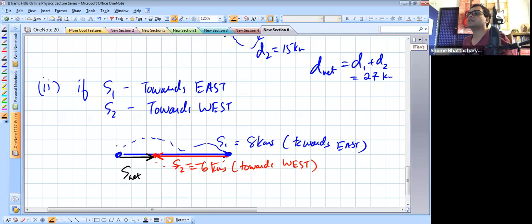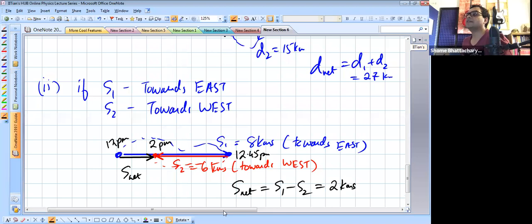This is where he was at 12 p.m., then this is where he ended up at 12:45 p.m., and finally this is where he ended up at 2 p.m. So from 12 p.m. to 2 p.m., his net displacement is just this. His net distance covered is more, it is 12 plus 15, but his net displacement is only 2 kilometers. So in this case, the net displacement is equal to S1 towards the east minus S2 towards the west. So it is just 2 kilometers.